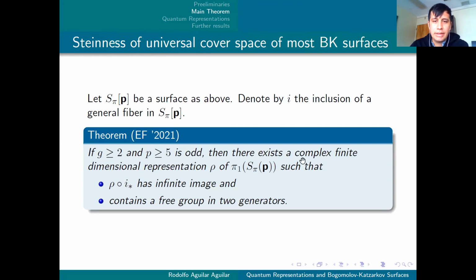One of the main theorems is that there exists a complete finite dimensional representation of this surface, such that if we restrict to the fiber, then this representation has infinite image, and moreover, it contains a free group on two generators, so it's quite big.